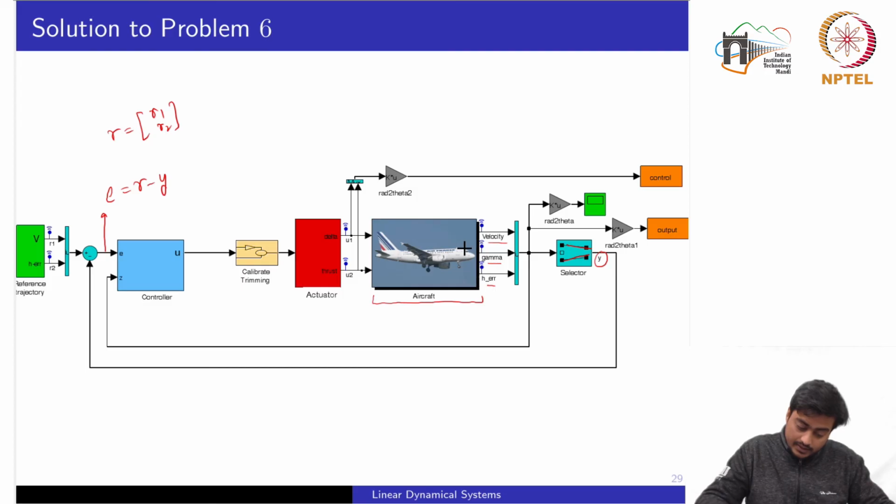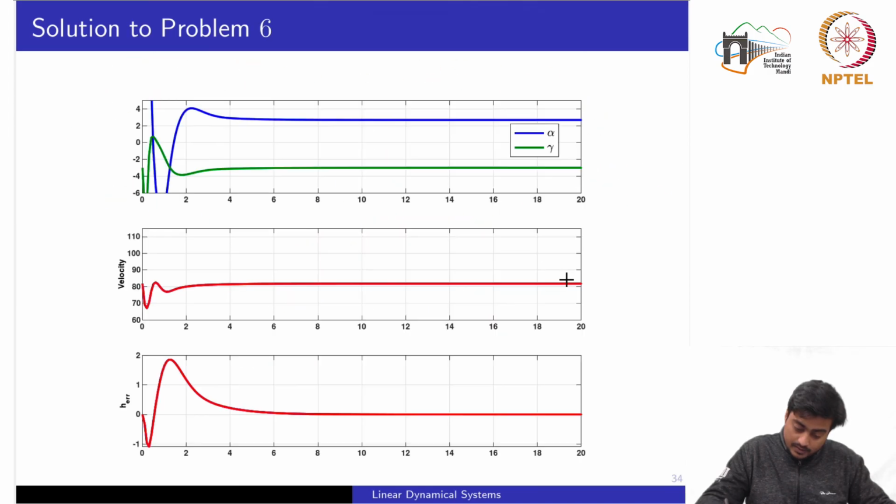Now, implementing the controller into the feedback loop, we can see how the response of the system comes. This is the overall response of the closed loop system if I synthesize the k matrix with that parameterized system. This is the input, this is one of the states, so gamma should stay at -3. It is clearly visible that gamma is tracking -3.